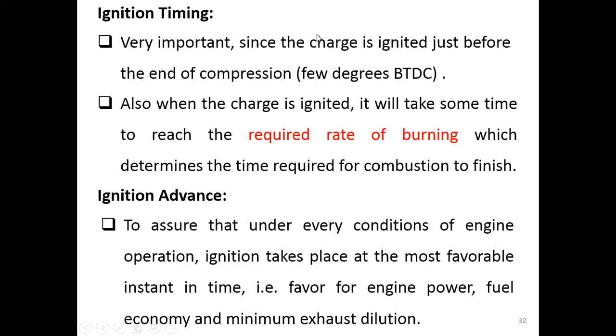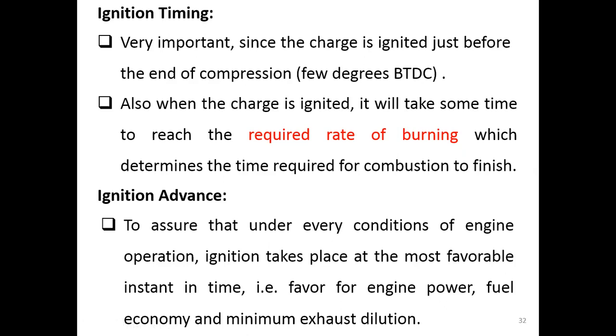Okay. And when the charge is ignited, it will take some time to reach the required rate of burning. Because when the charge ignites, the combustion does not happen suddenly. It needs time before the combustion happens. So the time that it needs will be used to determine the time required for the combustion to finish.